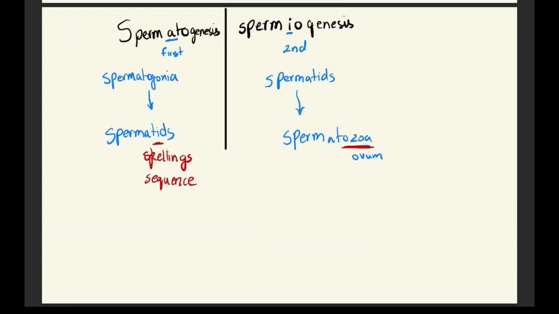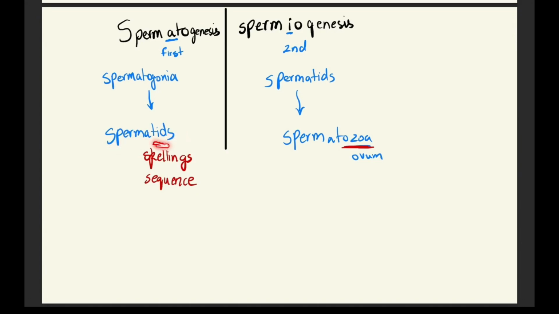Next is formation of sperm, and in formation of sperm we have two phases. First is spermatogenesis, then is spermiogenesis. In spermatogenesis we have the initial A, and in spermiogenesis we have I, which comes in the alphabet after A. So in spermatogenesis the spermatogonia form spermatids.